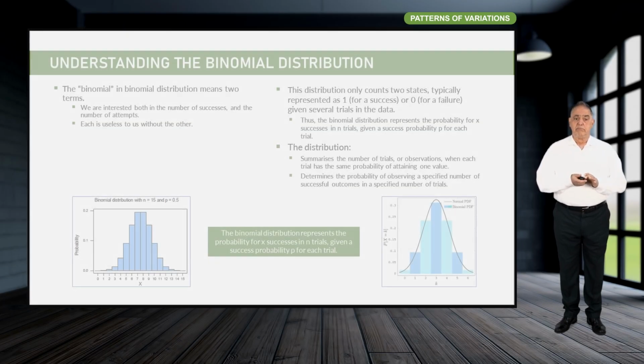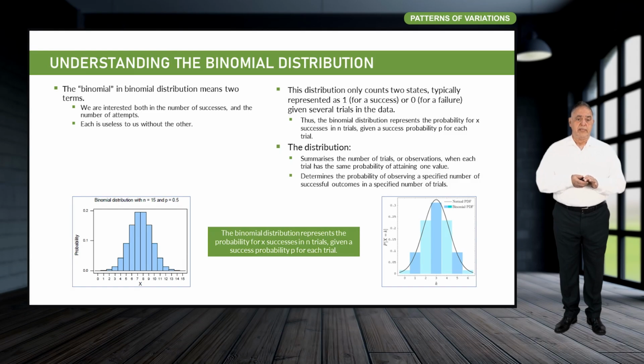So the binomial distribution means that we have two terms. We're interested both in the number of successes as well as the number of attempts. For example, if we flip a coin 10 times, what is the probability that we're going to get two heads?